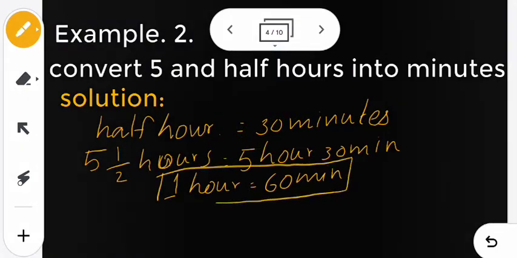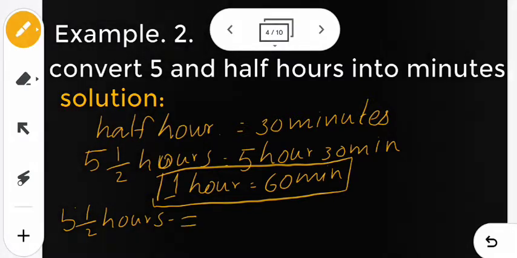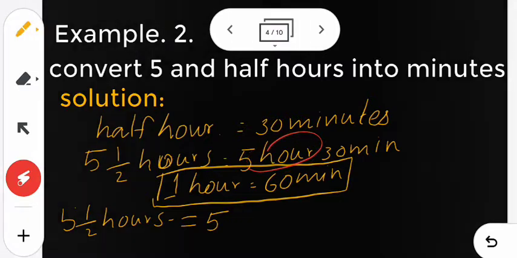For each sum you have to write the formula, so that you will remember the formula. So 5.5 hours equal to, half hour equal to, here 5 is hours, isn't it? 5 is hours. So with this 5 hours only you will multiply by 60. It is big to small, so you have to multiply. Same here, hours into minutes, so you have to multiply.